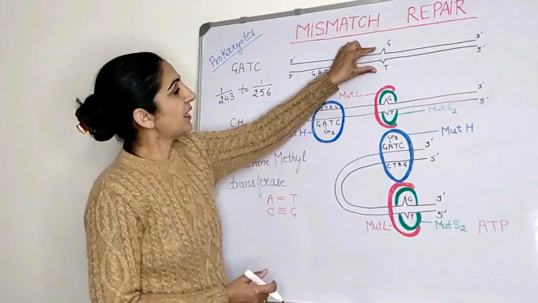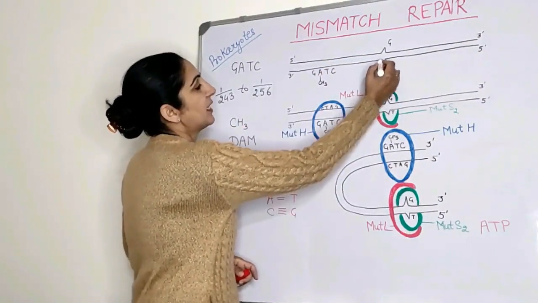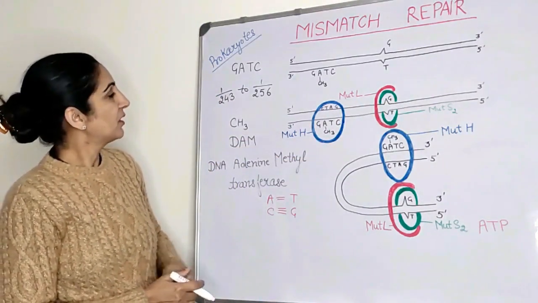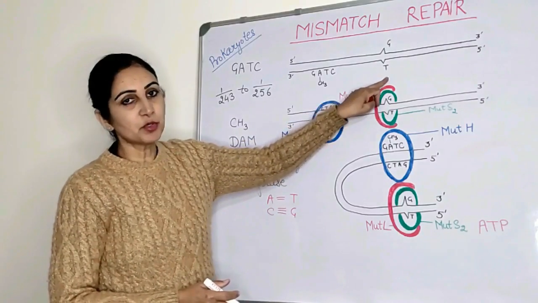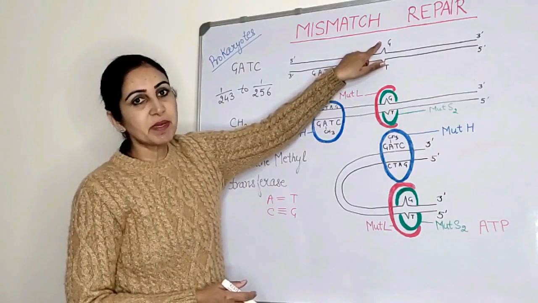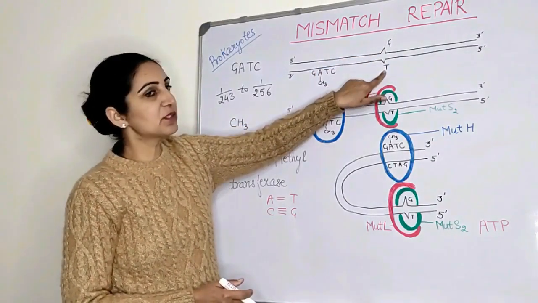Due to this mismatch, there is some distortion, and that's why this strand has become distorted. So we have seen there is a mismatch, but we don't know whether thymine is the correct base and guanine is mismatched, or guanine is the correct base and thymine is mismatched.